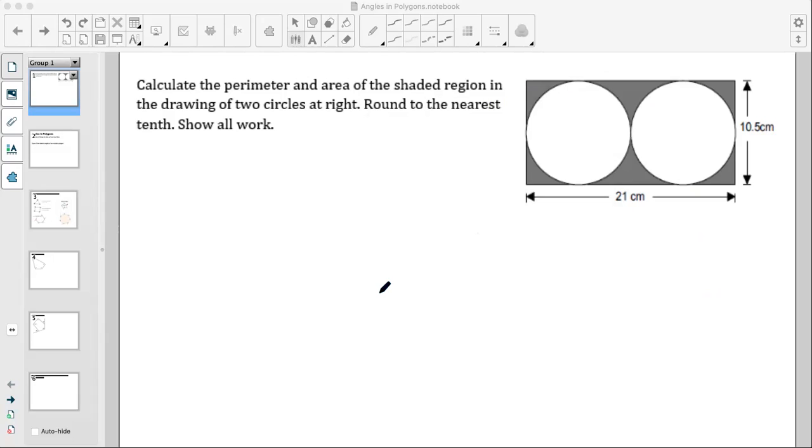Every parallelogram also has diagonals that bisect each other. The diagonals bisect each other.